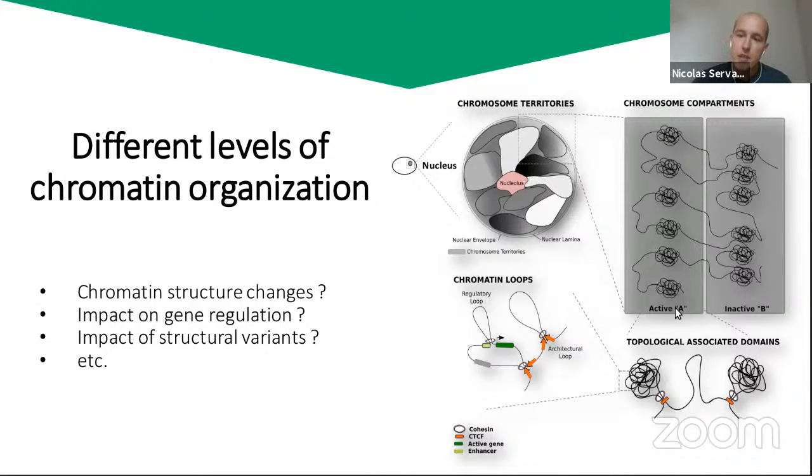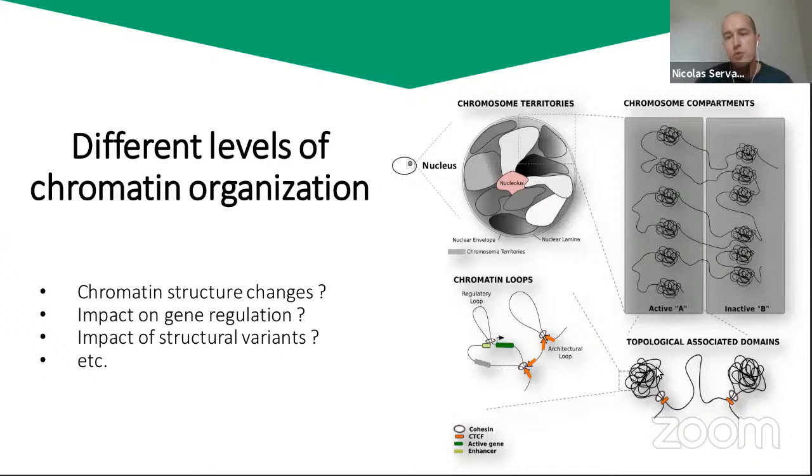Then if you zoom in again at the megabase scale for mammals, a couple of years ago we described what we call TADs, or topologically associated domains, which are subunits of regulation. Within a topological domain, you have all the regulatory elements that can contact genes and promote transcription, for instance.